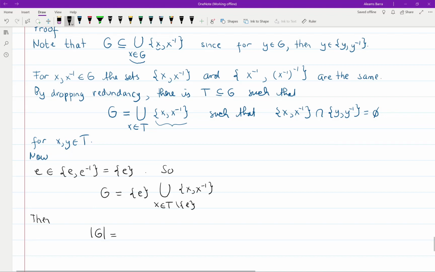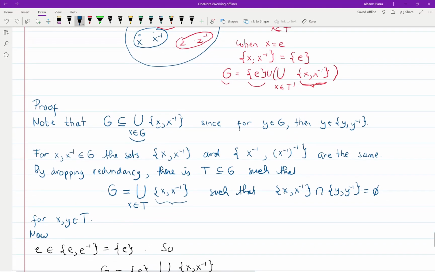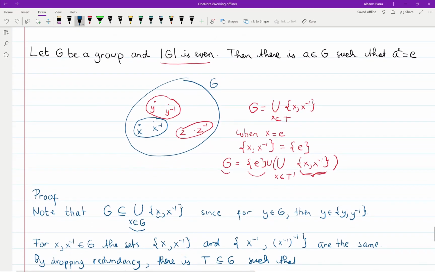So I need to say that, suppose on the contrary that there is no A in G, A not equal to E, such that A squared equals E. I need to fix the problem a little bit, because certainly if A is equal to the neutral element, this equality is satisfied right away.